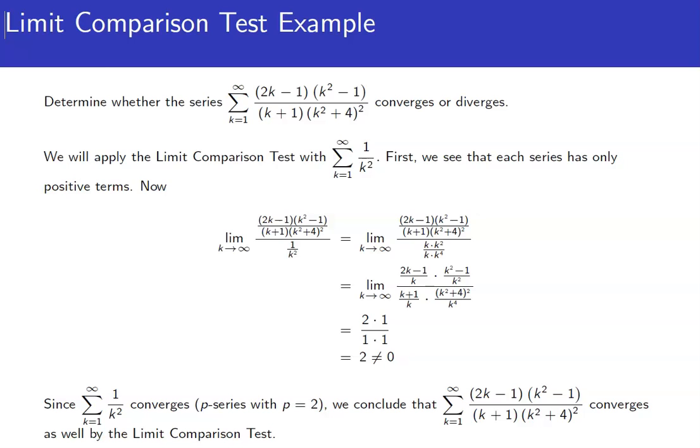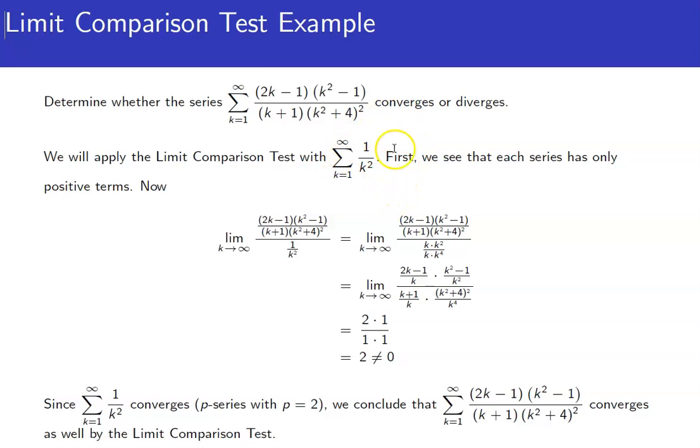That tells us whether or not it converges or diverges. So how do we come up with 1 over k squared in this particular example? I'm saying that we need to do a limit comparison test with 1 over k squared. Where in the world did I get 1 over k squared?